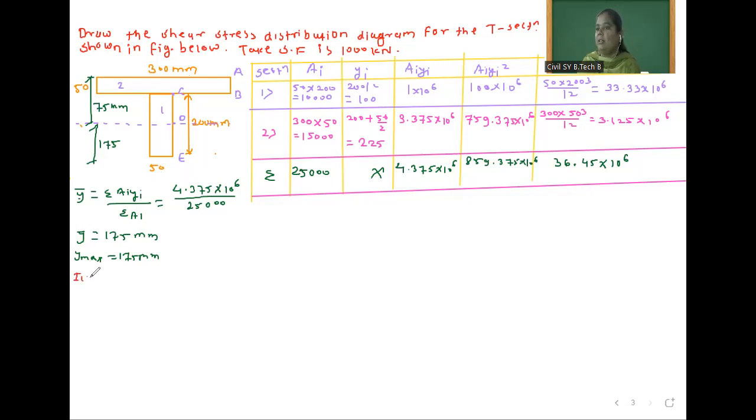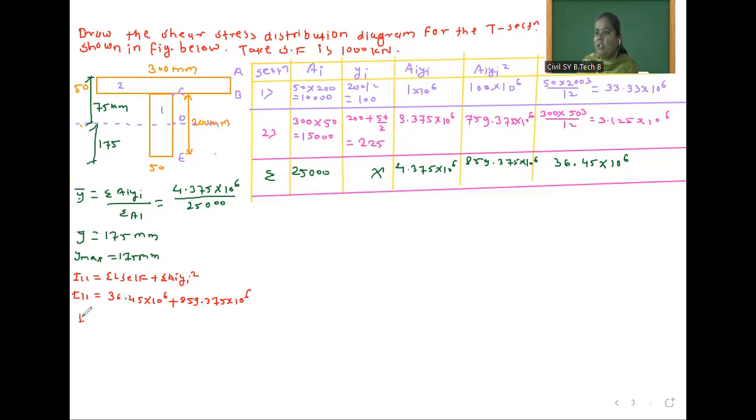So I11 is equal to summation of I self plus summation of AIYI square. So I11 is equal to summation of I self, which is 36.45 into 10 to the power 6, plus summation of AIYI square, which is 859.375 into 10 to the power 6.